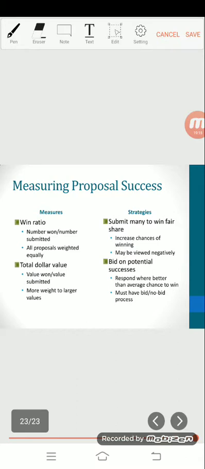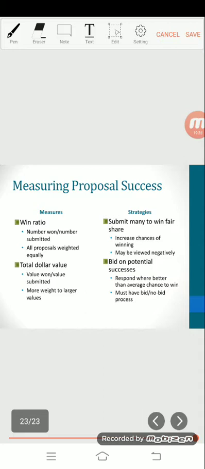Win ratio is the number of proposals a contractor won compared to the total number of proposals the contractor submitted to various customers over a particular time period. It gives equal weight to all proposals.